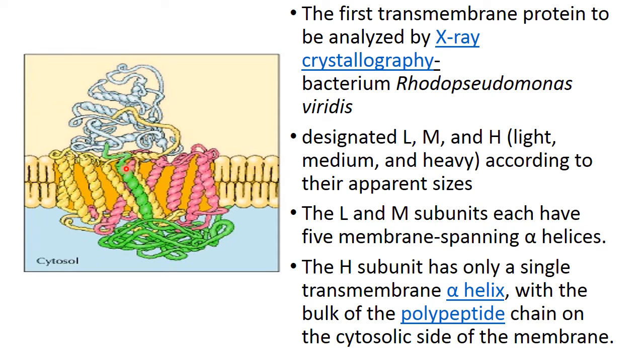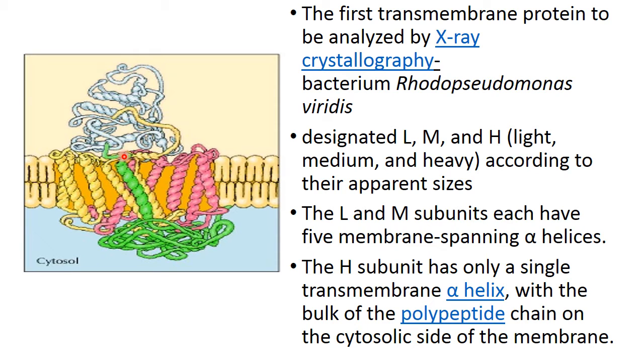Both the yellow medium subunit and the red light subunit each have 5 membrane-spanning alpha helixes.